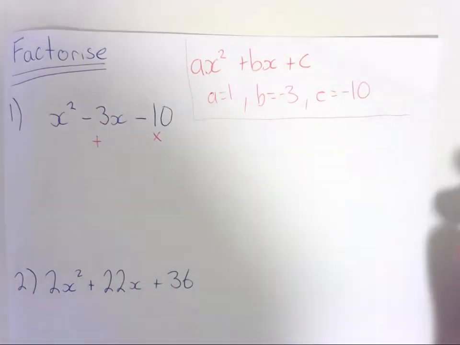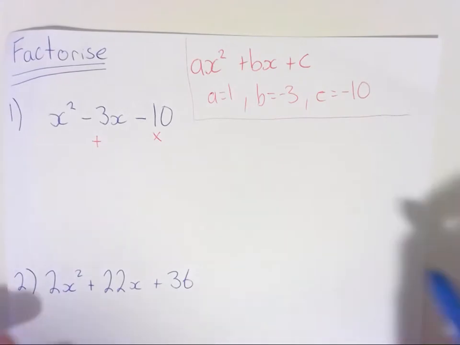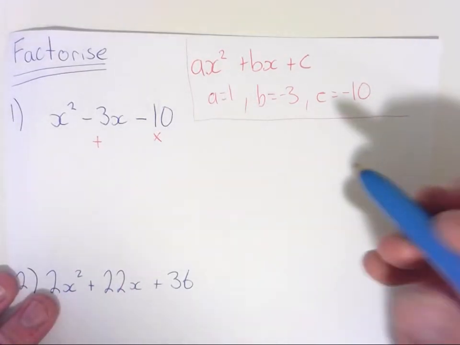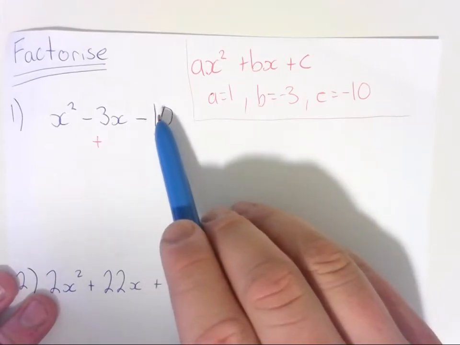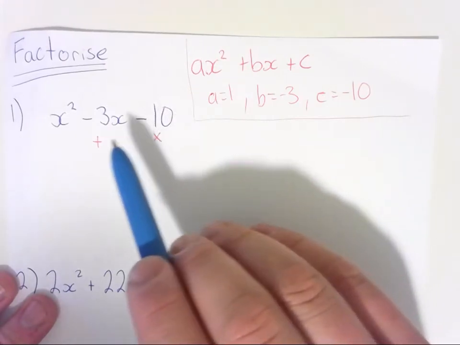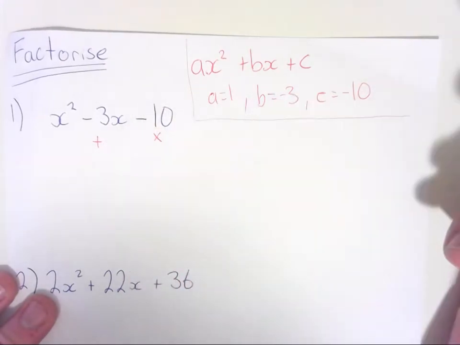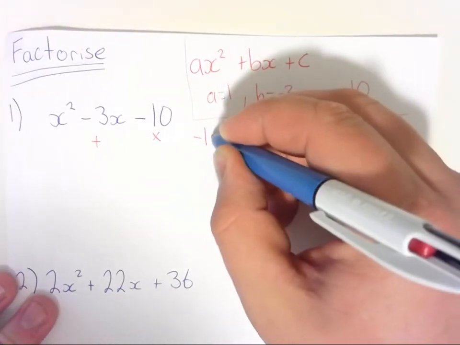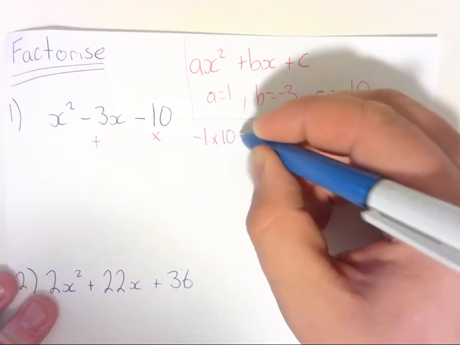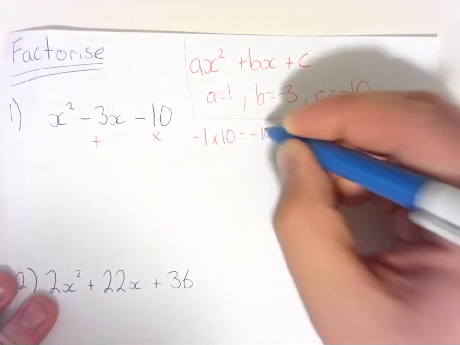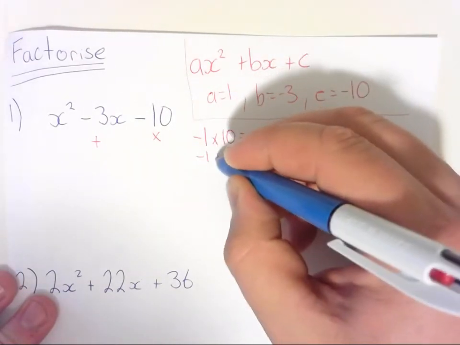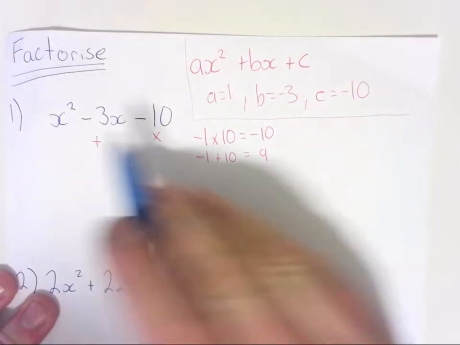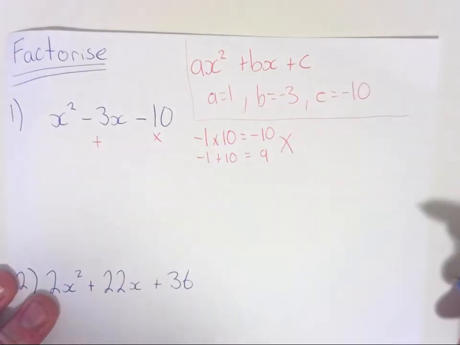The way I like to start these is by listing some multiples of -10 and seeing what works. Remember, to get -10 by multiplying, I need a positive and a negative number. I'm just going to start with -1 times 10. That does equal -10, but -1 plus 10 equals 9, not -3, so it can't be those two.